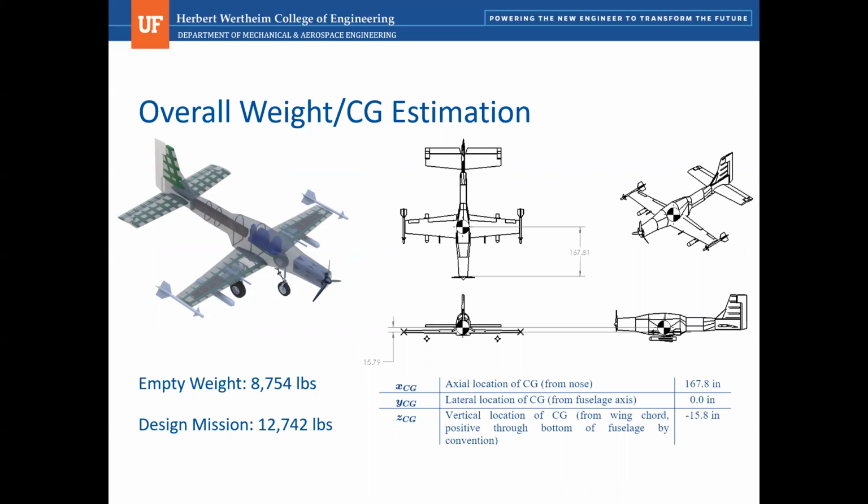We can additionally perform a center of gravity approximation using SolidWorks with the mass properties analysis, which returns a center of gravity located around 167.8 inches from the nose, perfectly aligned with the fuselage axis due to symmetry, and 15.8 inches above the chord plane of each wing.